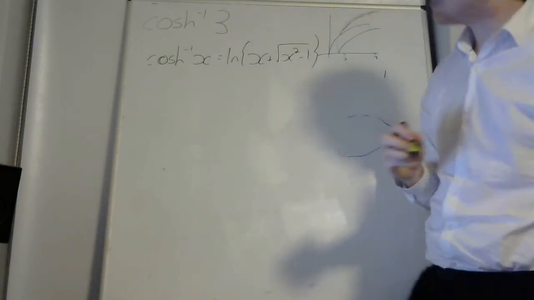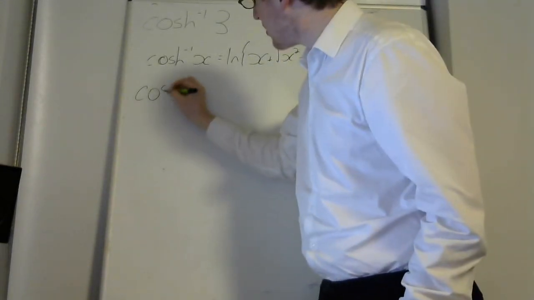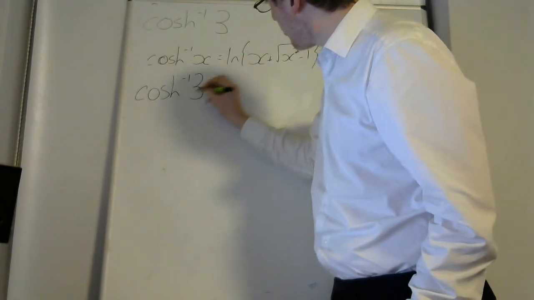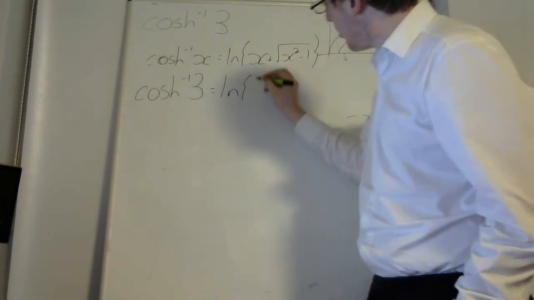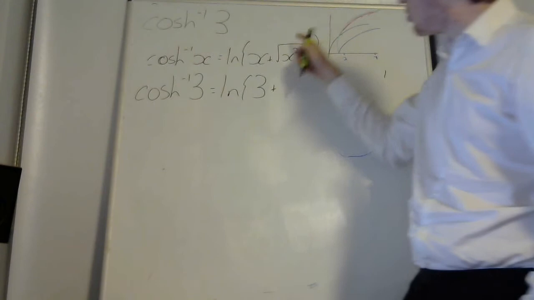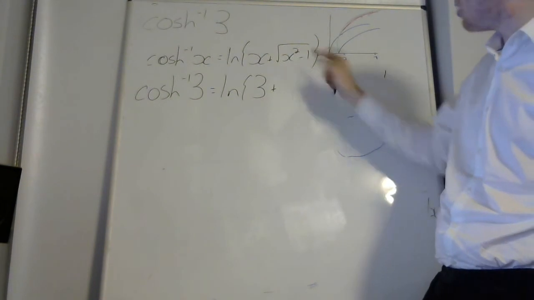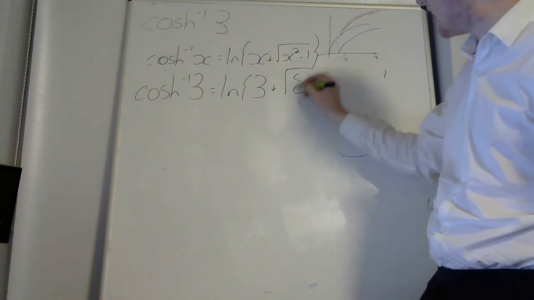So in this case, cosh minus 1 of 3 is equal to ln of 3 plus the square root of 3 squared, which is 9, minus 1, so the square root of 8.